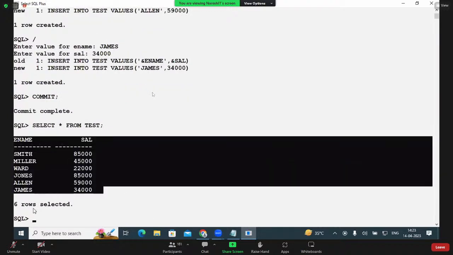In total we have 6 rows and 6 employees here. So on this table, we need to fetch the first highest salary by using correlated subqueries.